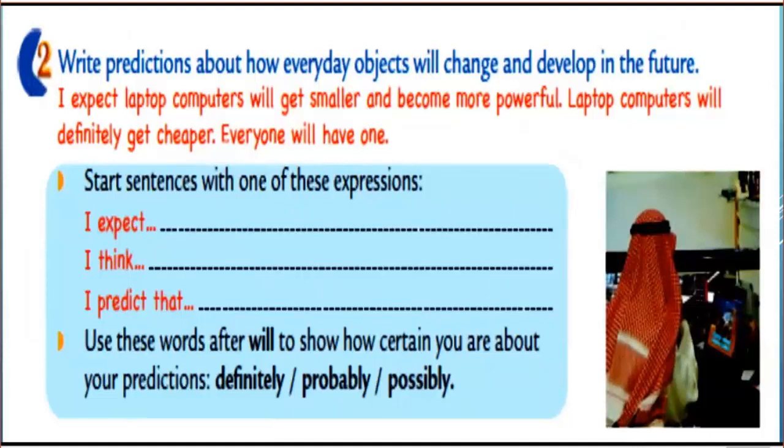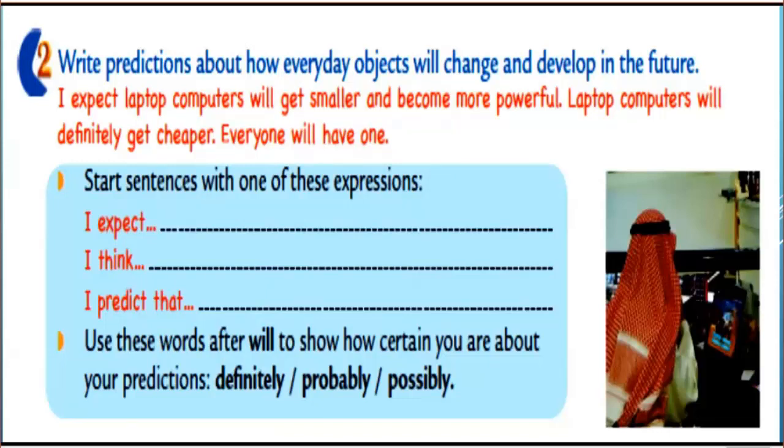Now in exercise 2, write predictions about how everyday objects will change and develop in the future. Here's an example. I expect laptop computers will get smaller and become more powerful. Laptop computers will definitely be cheaper.